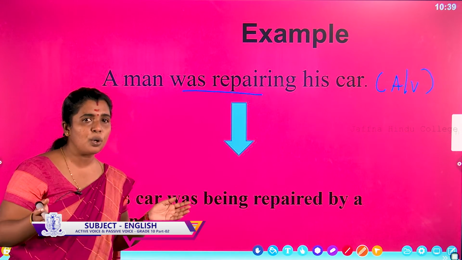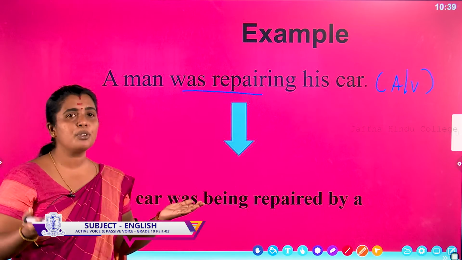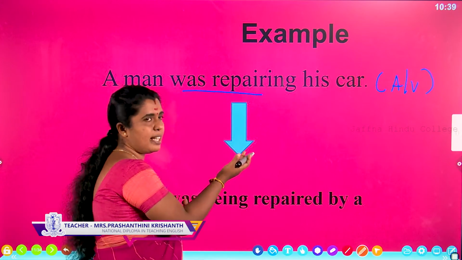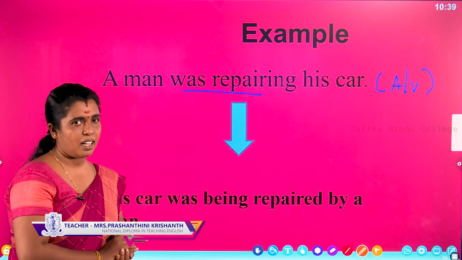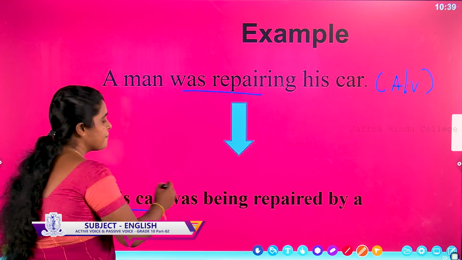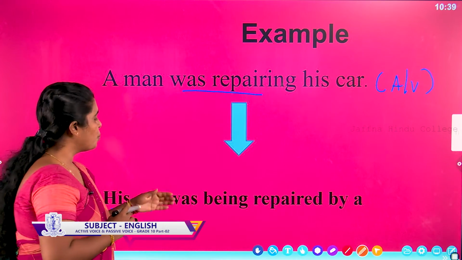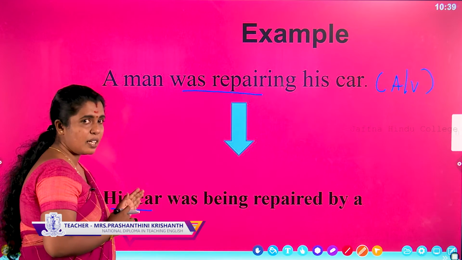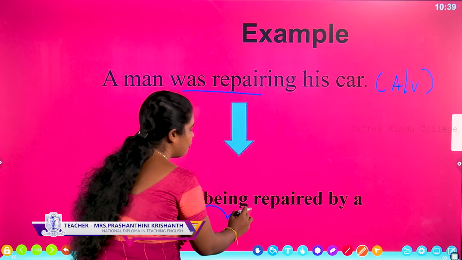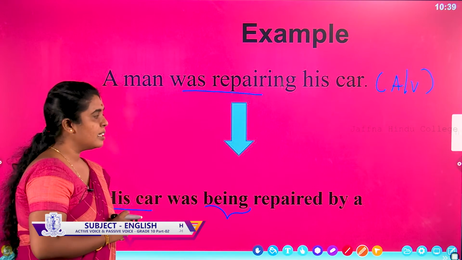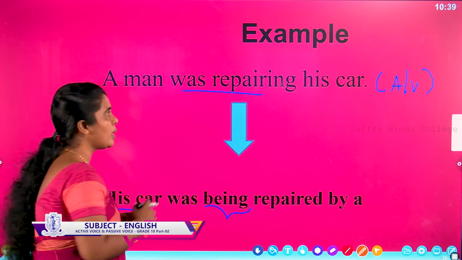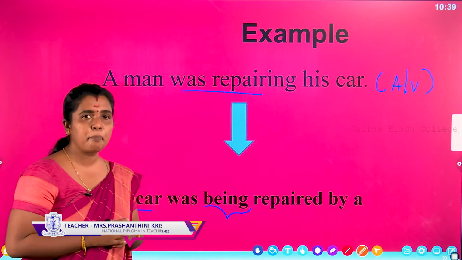So children, you know, for the passive voice we have to take the object first. So what is the object of this sentence? His car, right? So we are taking his car. Correct helping verb was, because this is singular, so was. Then being, we have to add being. Past participle form of main verb. So what is the main verb here? Repair.